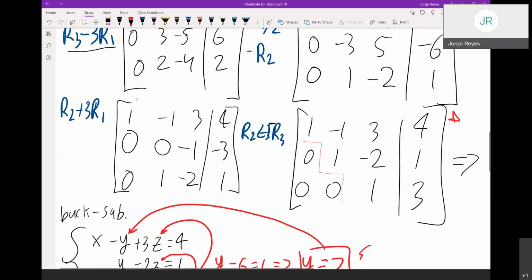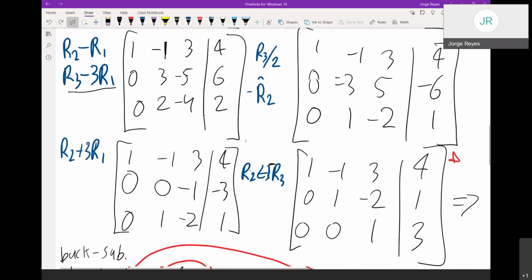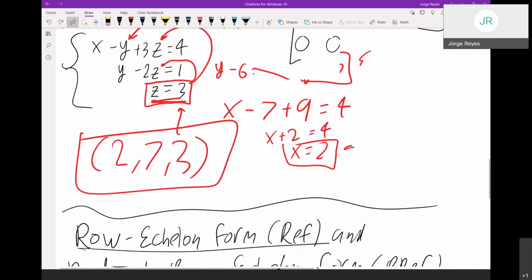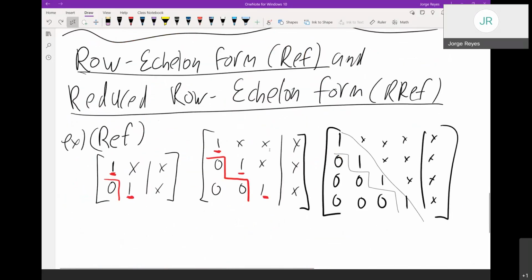I got these zeros here and then ones across the diagonal. So that is really your mission, to decide what row operations you're going to choose. Your goal will be to get it into row echelon form.